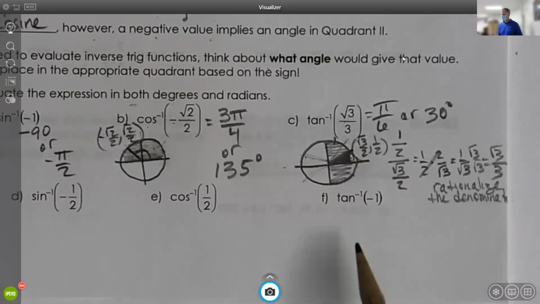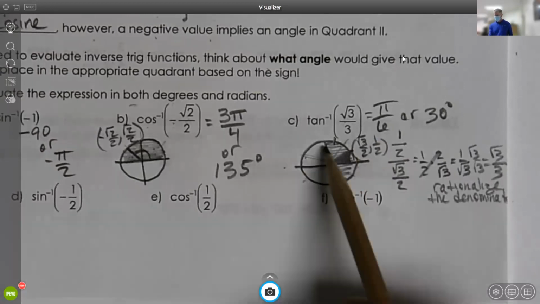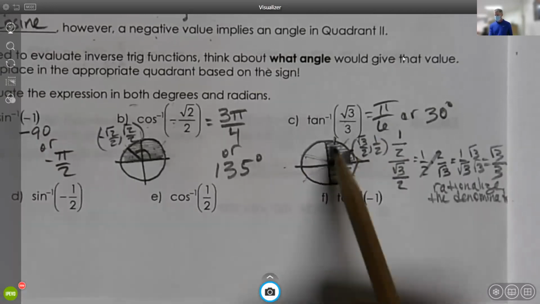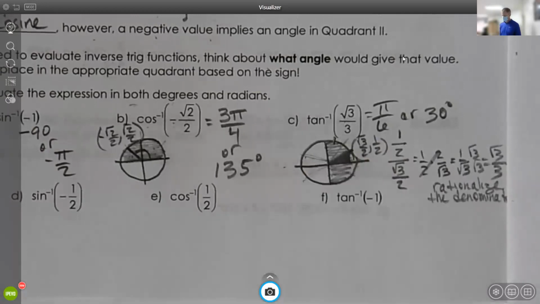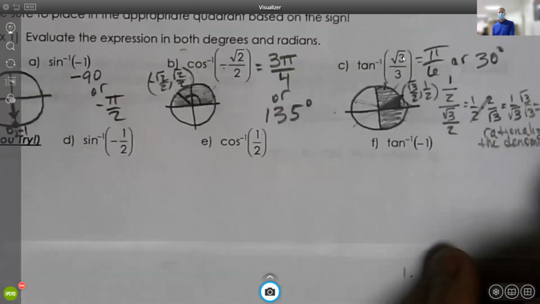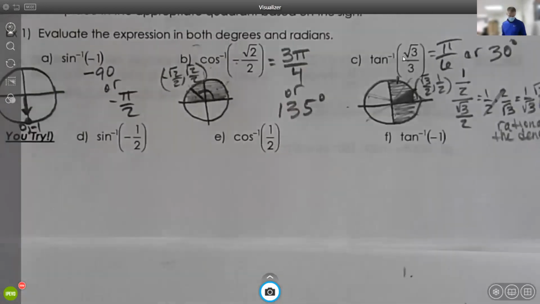You're going to get the same tangent. This one is the only correct one because it falls within the range of 90 and negative 90. So you go ahead and try these 3. If you're watching the video, you can pause your video, work on the problems, and come back and check it out.